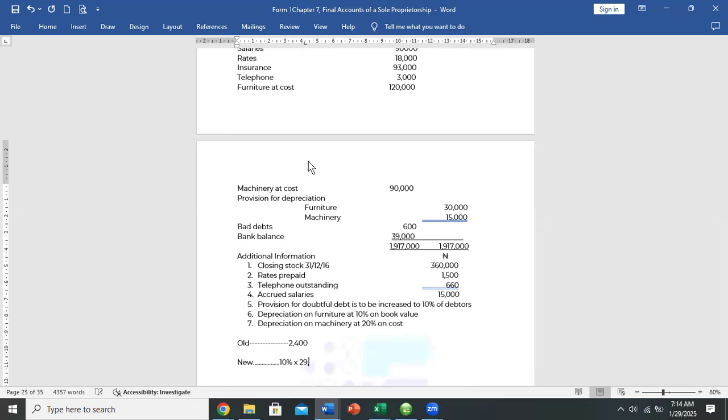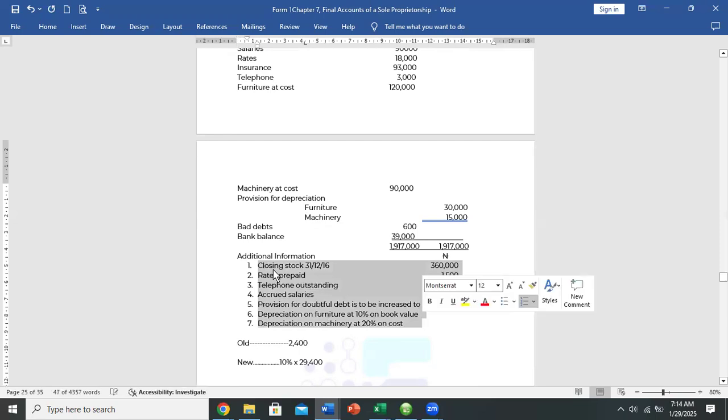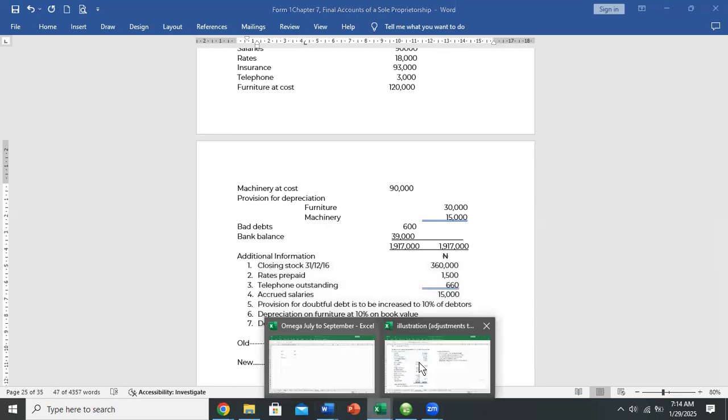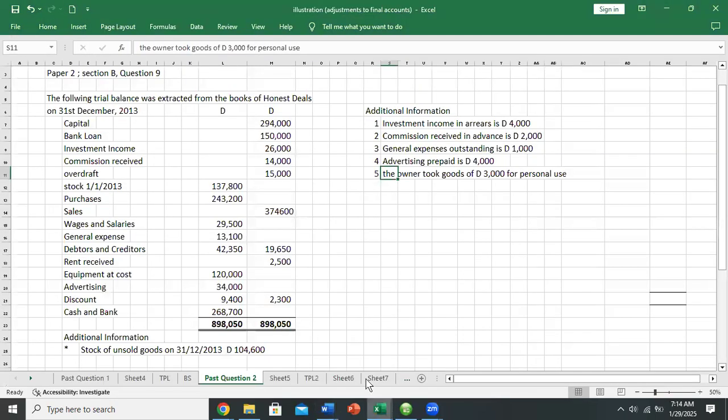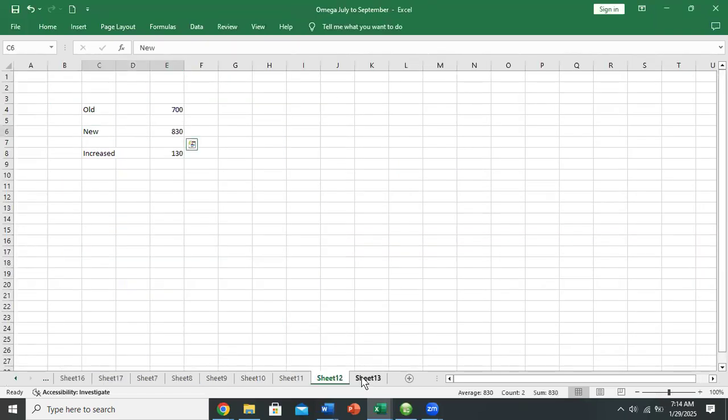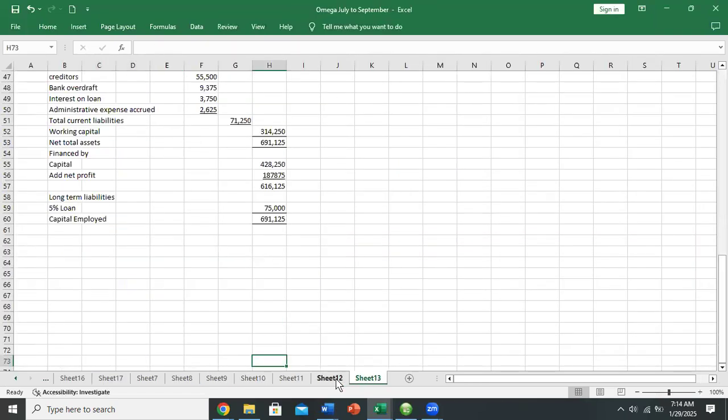But I told you, check the additional information if you have any bad debt to write off. And in this question, no, there is rates, prepaid, telephone, accrued. There's no bad debt. Unlike the question we're solving, right? Where, in the scenario we're solving, we had to, as it were, less the bad debt of 200.